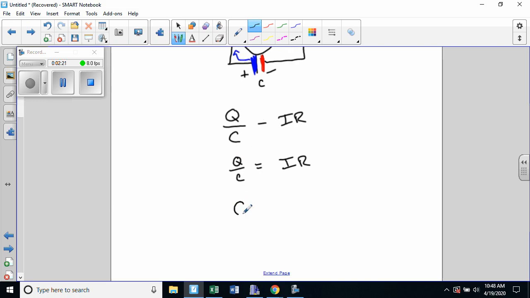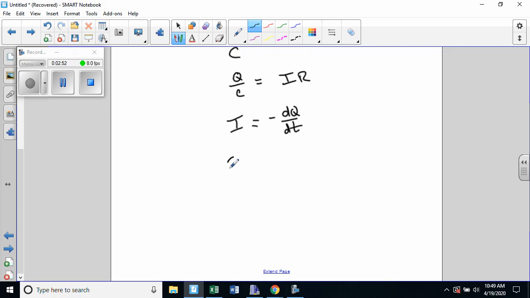So in order to relate Q and the current, we need to say that the current in the system is minus dQ/dt. Again, the charge is leaving the system. So current is due to charge leaving the capacitor. Sorry, this should be I. The current is charge leaving the system, minus dQ/dt.